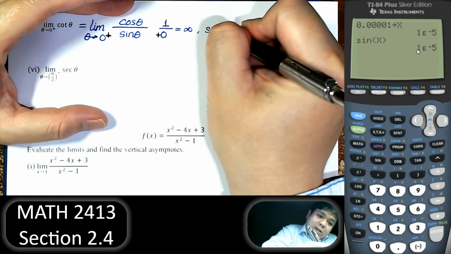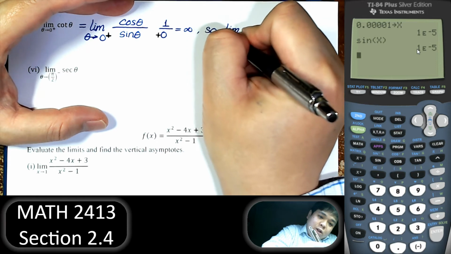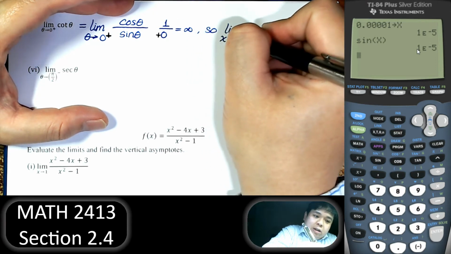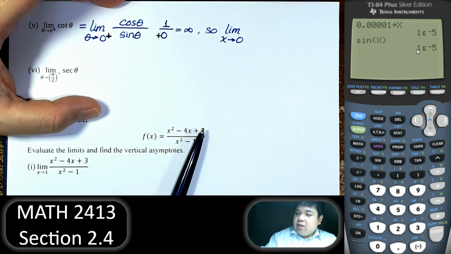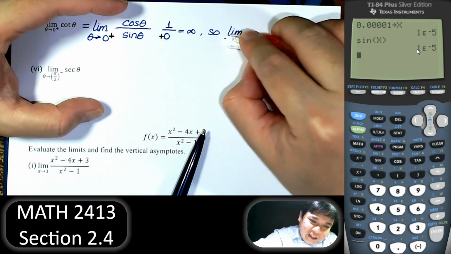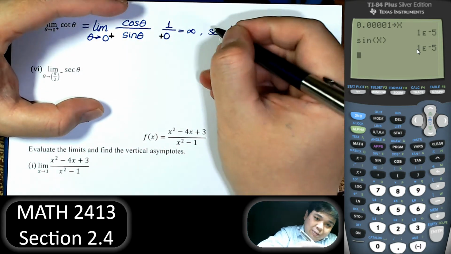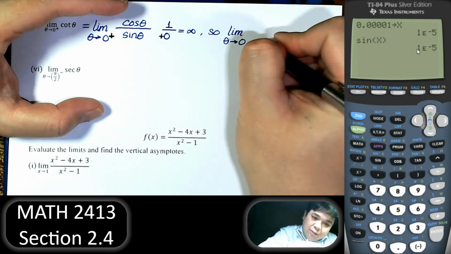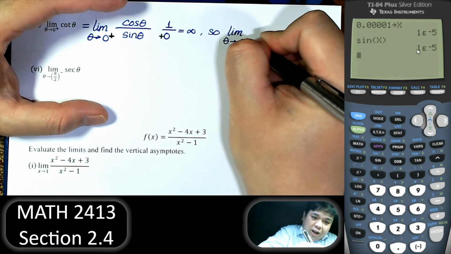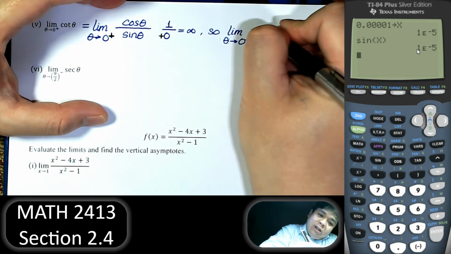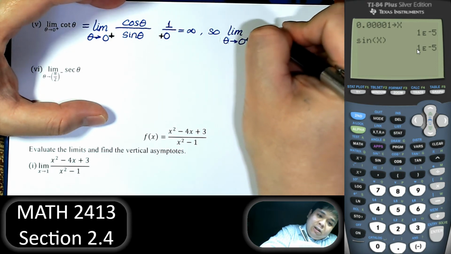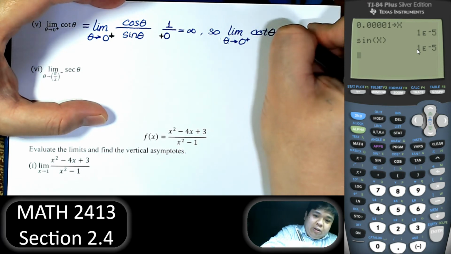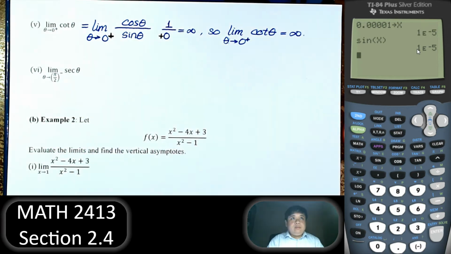So the limit as theta goes to 0 from the right hand side of cotangent is equal to infinity.